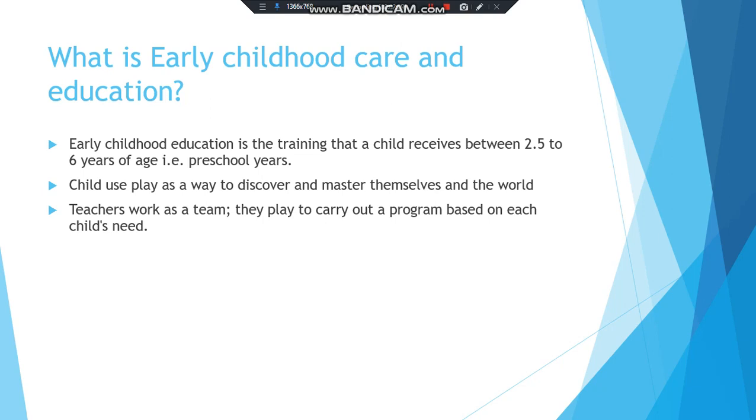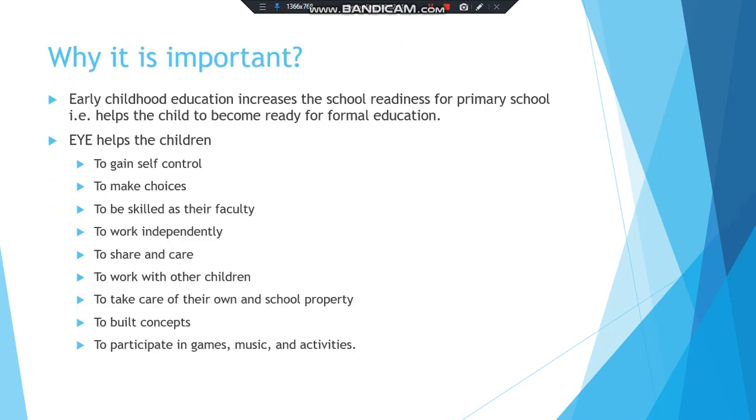Now why is it so important nowadays? Early childhood education increases school readiness for primary school, that is, it helps children become ready for formal education by just playing and learning things, by observing.